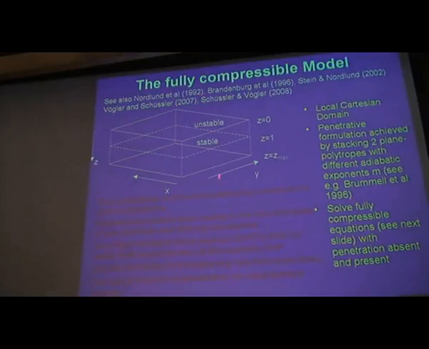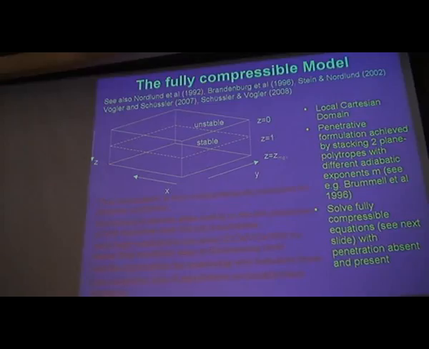Fully compressible dynamos have been studied by a large number of authors, and our formulation is again to look at a penetrative layer. So we have a convection zone on top of a stable layer. It's a local domain, so Z is depth, and we achieve a penetrative formulation by stacking two polytropes on top of each other with different adiabatic exponents, which is a standard trick.